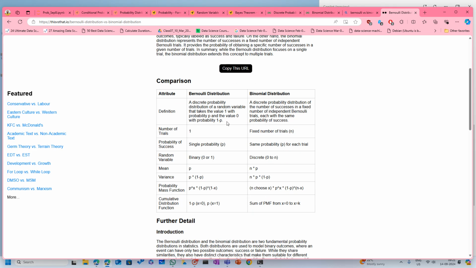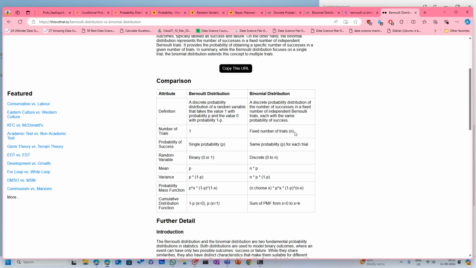Okay, so both are discrete probability distributions, but in binomial you are going to calculate the number of successes in a fixed number of independent trials. Fixed number of independent trials. Here in Bernoulli the number of trials is not fixed, that is the difference.